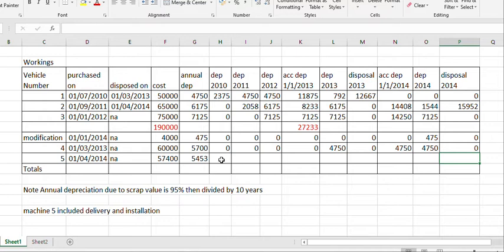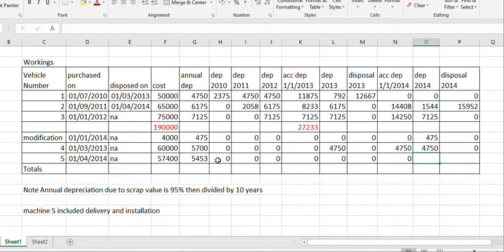Finally, machine number 5. We have a yearly depreciation of 5453. We didn't buy this machine until the 1st of the 4th, 2014. So nothing in 2010, 11, 12, 13, nothing at the beginning of 2014. We will only have depreciation for 2014.